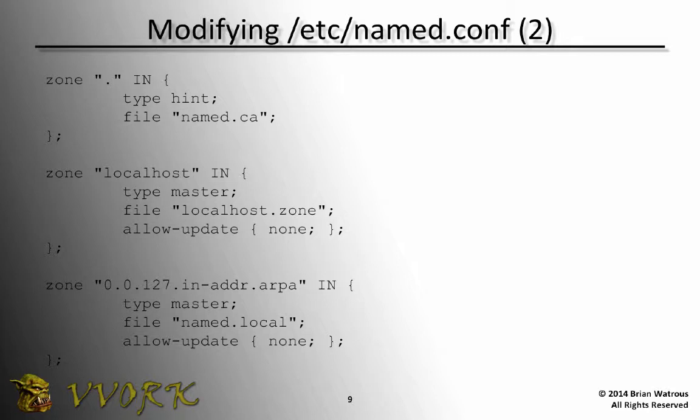So for instance, whereas my DNS server is going to know about a domain such as example.com or whatever your domain is, my DNS server doesn't know anything about other domains like vmware.com. So the first zone here is giving DNS instructions about where to go to find out answers for domains this DNS server doesn't know about.